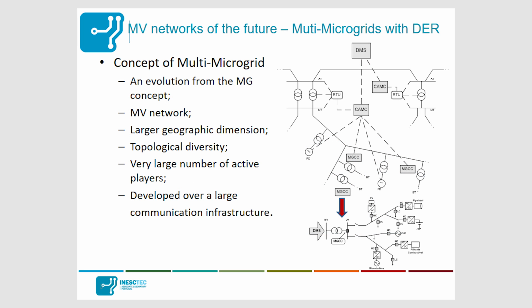Now I'm expanding the concept. So we can have a medium voltage network made of several microgrids that are connected among each other through the medium voltage network. And then, of course, this means a larger geographical dimension with a large number of active players, that can be loads, some loads that can even be controllable, and also dispersed generation units.